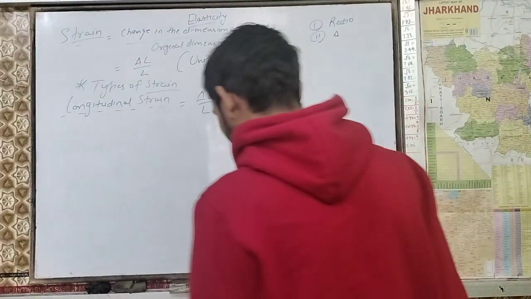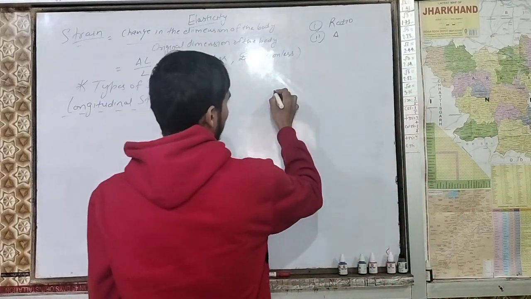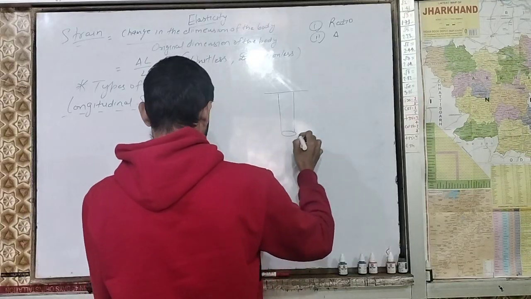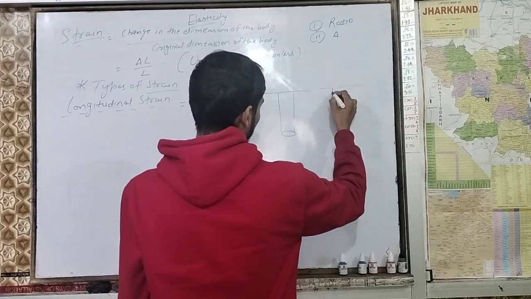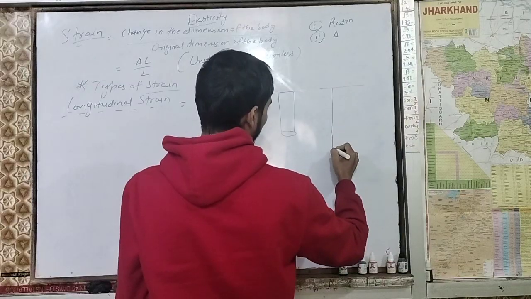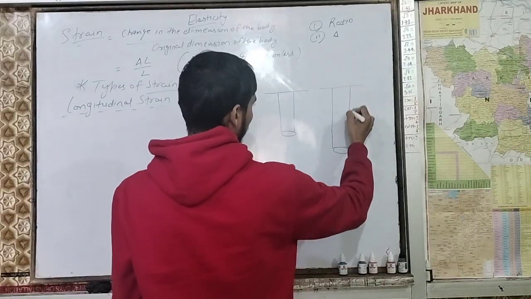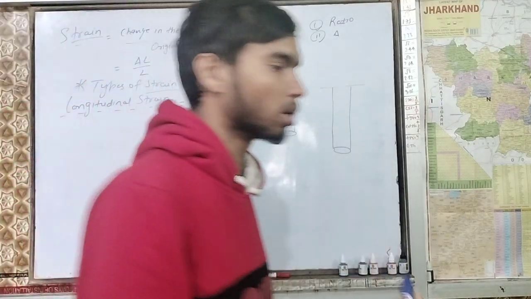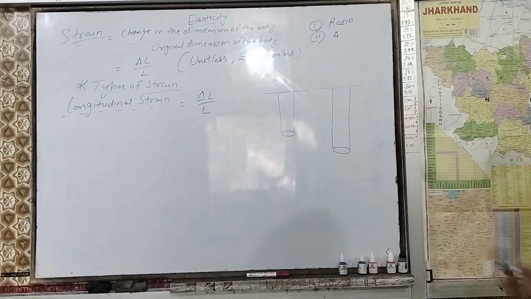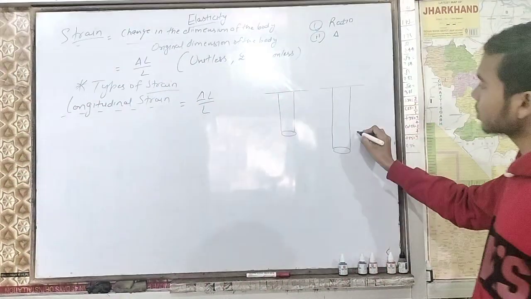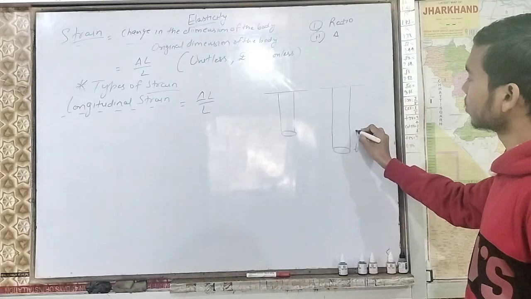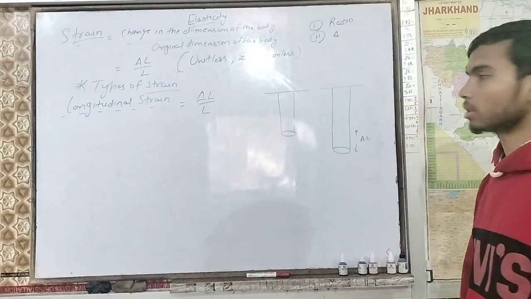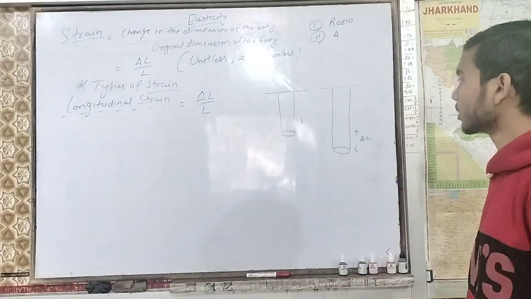Now let's visualize this. Initially, this rod was like this, but finally the object came over here due to an external force. Remember, this came due to external force. So how much has the length increased? This was L and this is dl.